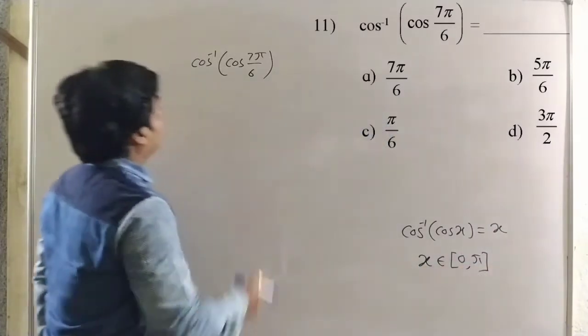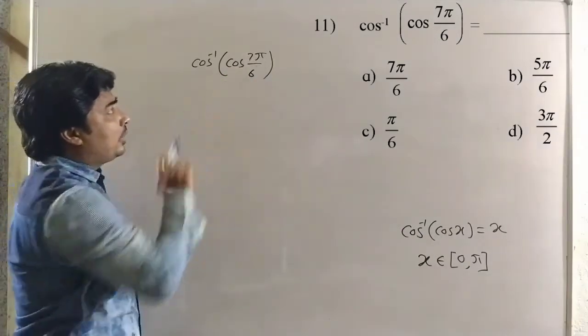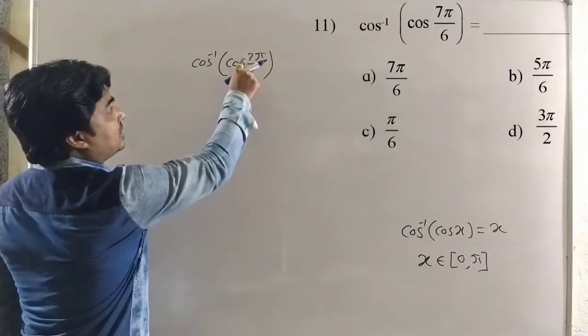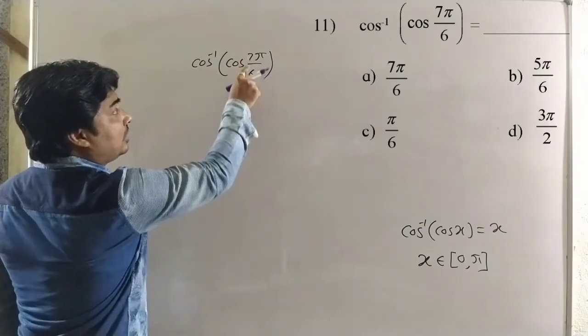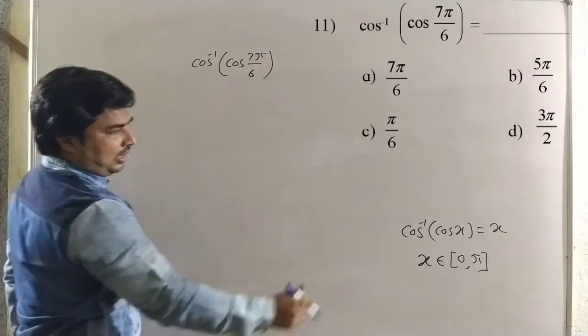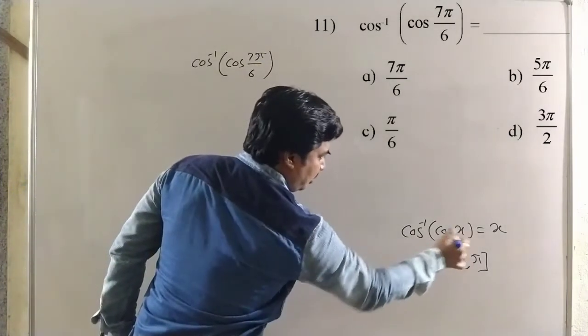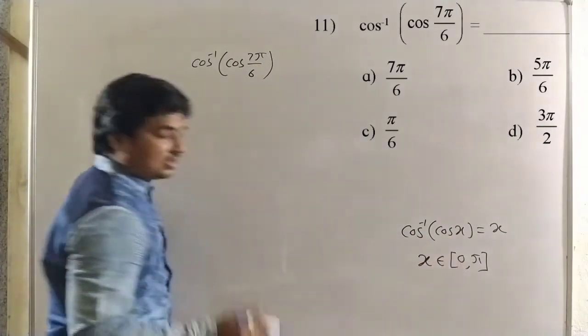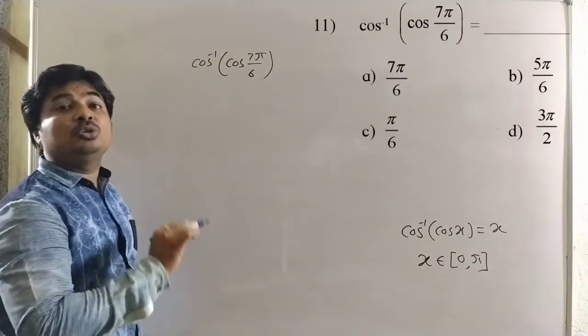Now here x is 7 pi by 6, but see carefully, 7 by 6 means 1 point something, that means it is greater than pi. For using this property, x must be in the interval 0 to pi.